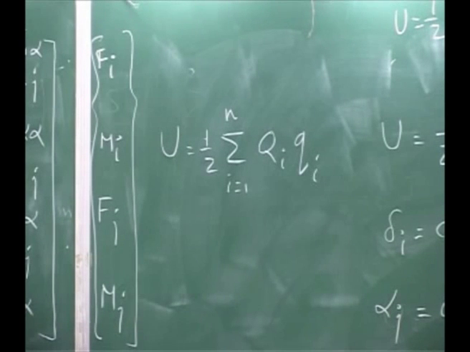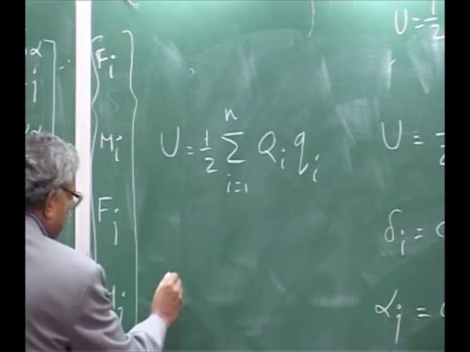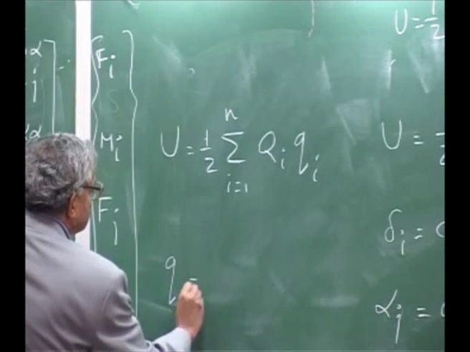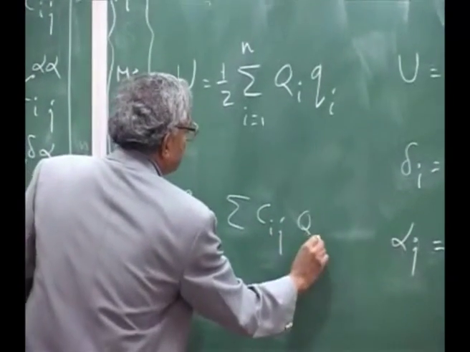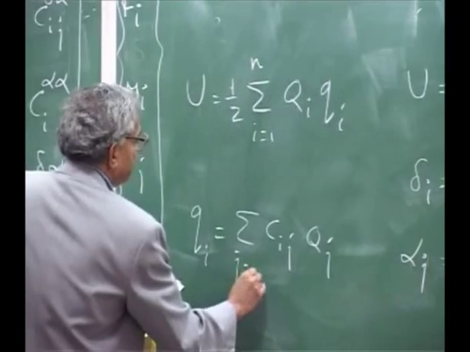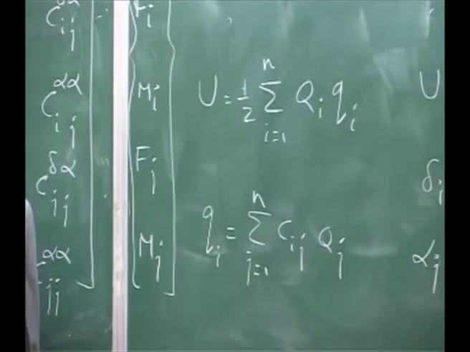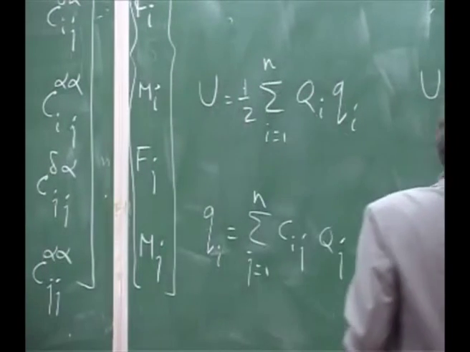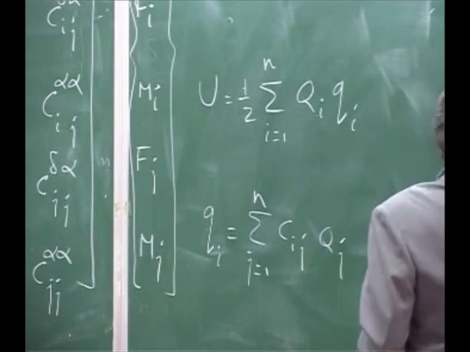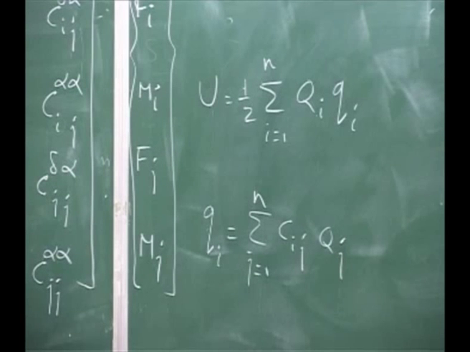You know how you have represented the Qi: Qi is summation Cij Qj, with j running from 1 to n, right? I can go back and substitute here and write my strain energy expression.